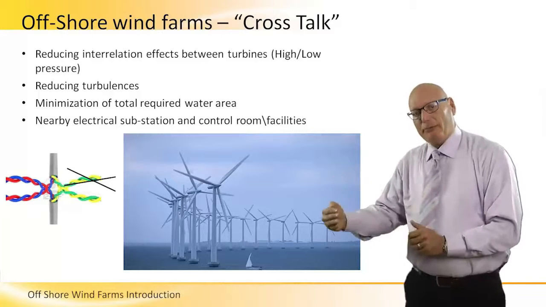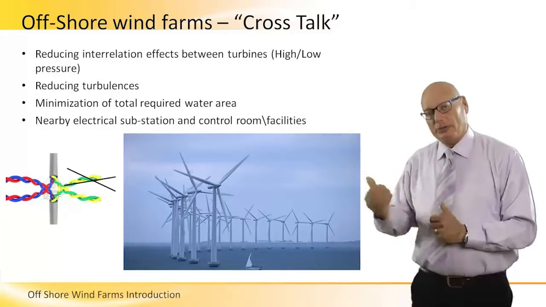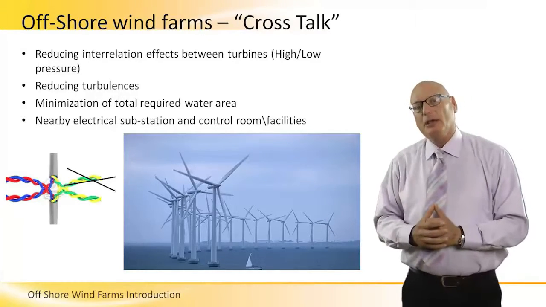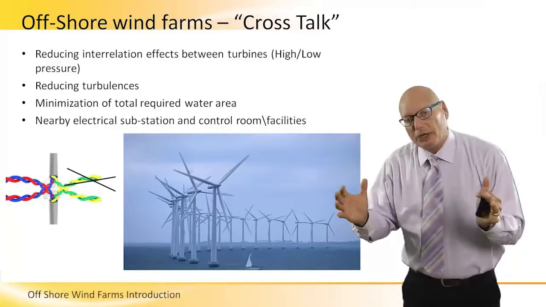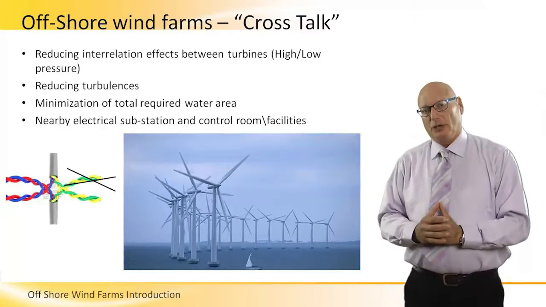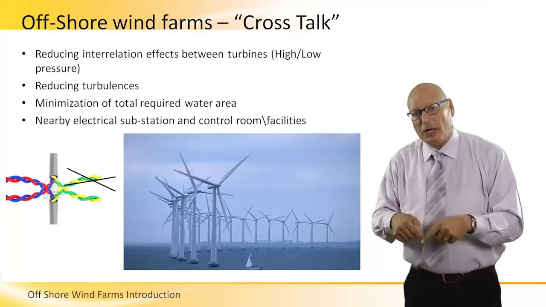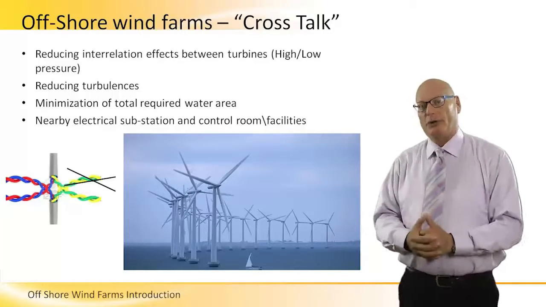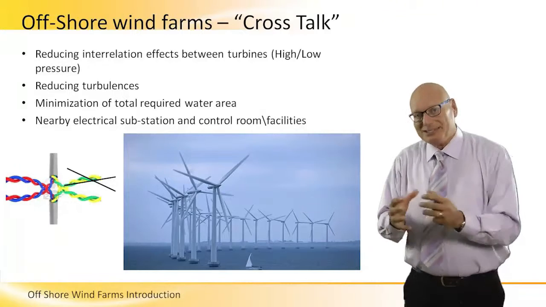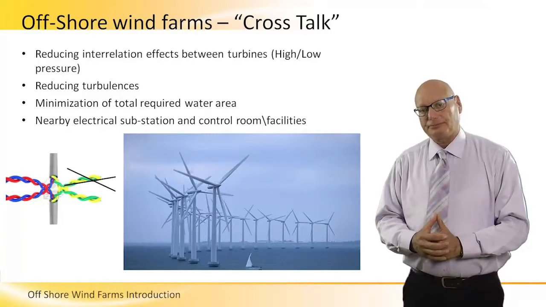The fact that we have a banana-shaped wind farm, as we see in this case, helps us to minimize the total required water area, meaning that in the same area I'll be able to produce more power. The density of turbines can go higher.